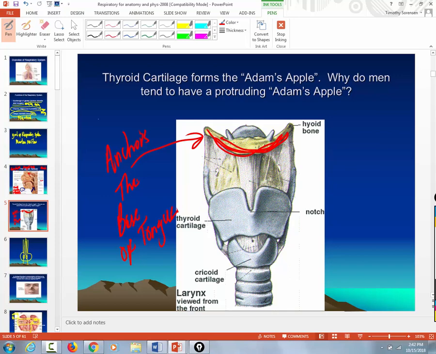Then you have the thyroid cartilage, and then you have the cricoid cartilage. And those form the larynx. And the larynx houses the vocal cords. So I'll show you.